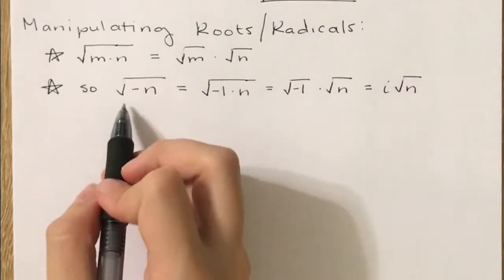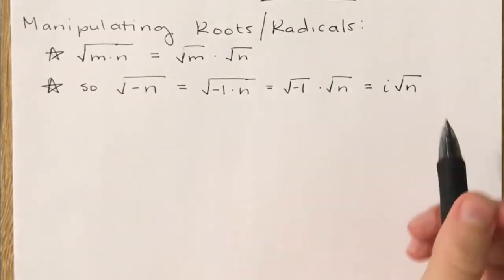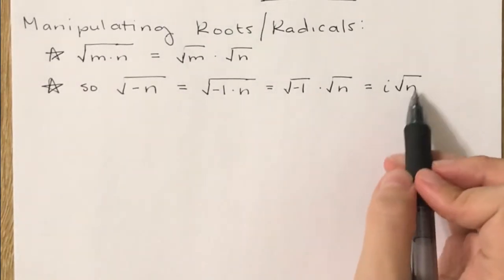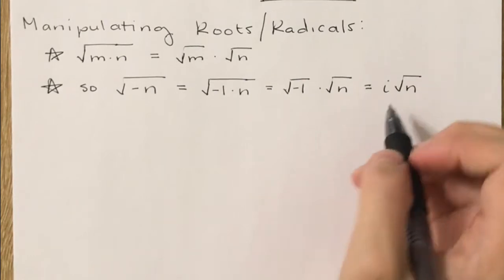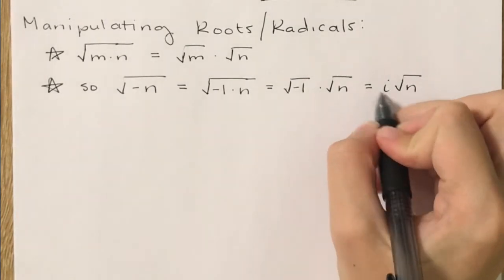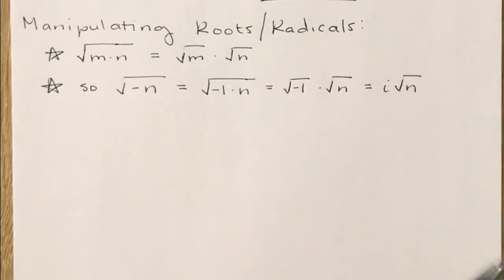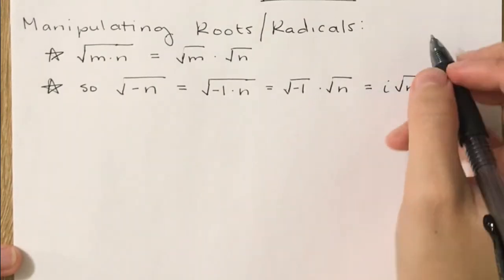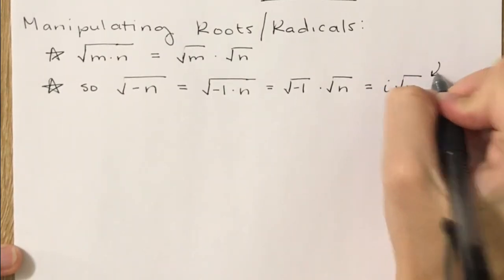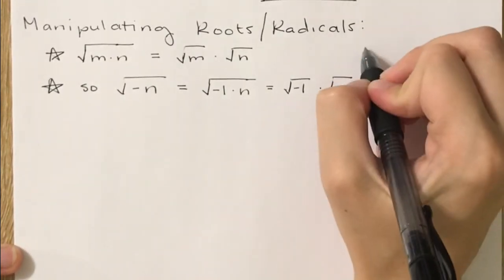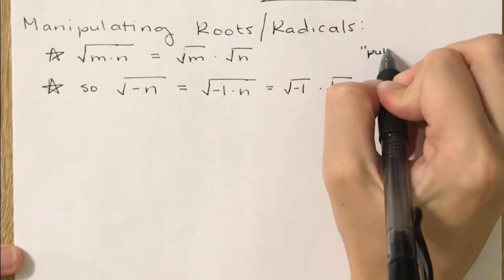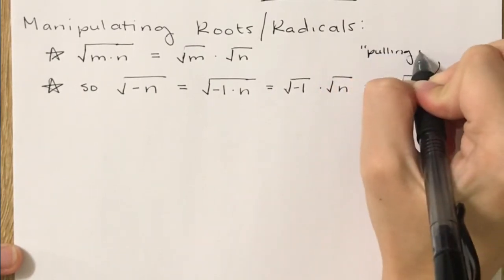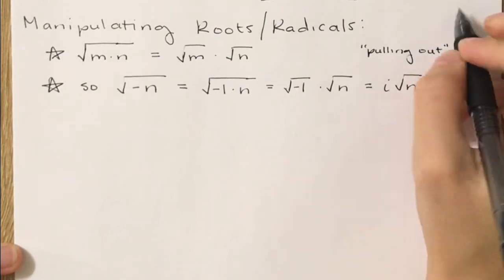So if the square root of negative n is equal to i times the square root of n, we're going to call this process of bringing this i sort of outside using algebra pulling out an i.